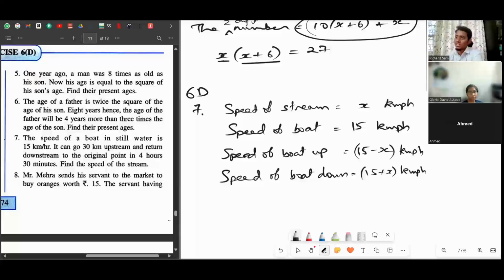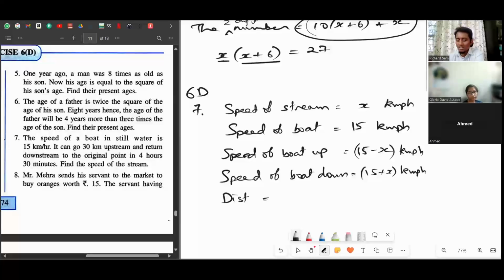Now we'll write down distance and all that. Okay. So what is the total distance? 30 kilometers upstream, or is it downstream also? 30 up and down, or only one way? See, that depends on the question. You have to understand carefully. It can go 30 kilometers upstream and return downstream to the original point.